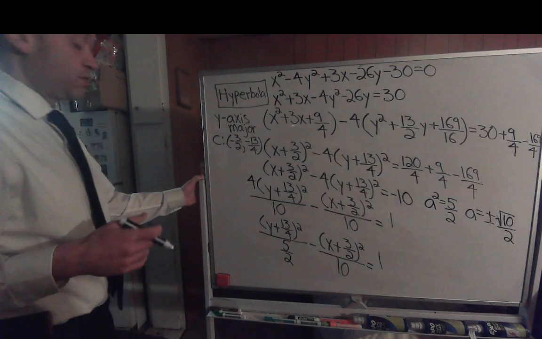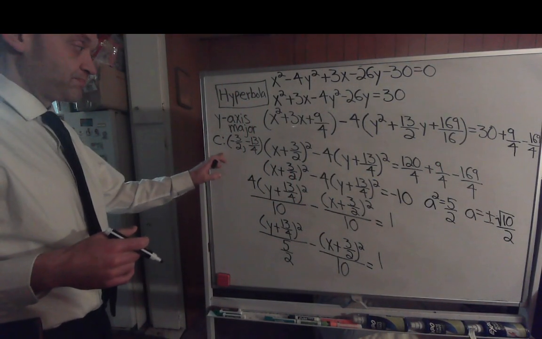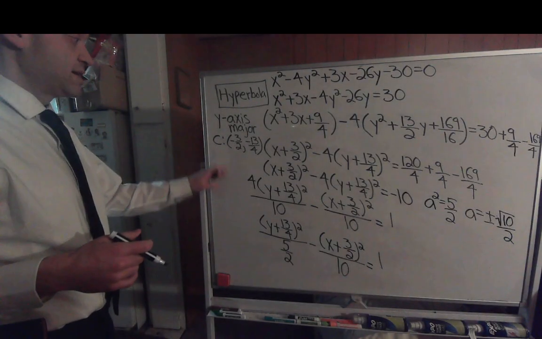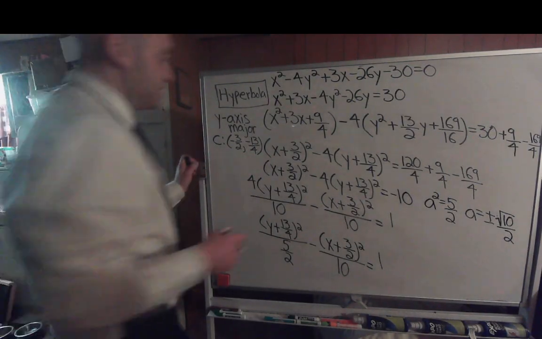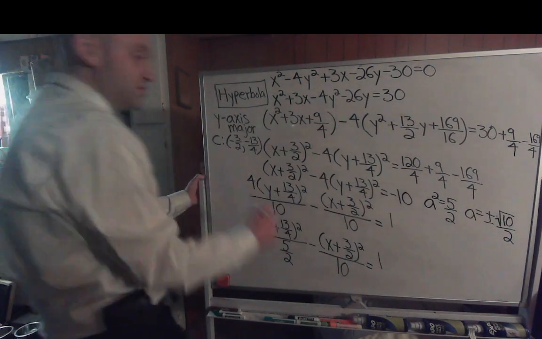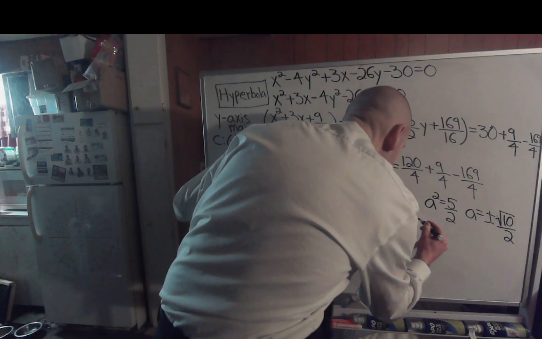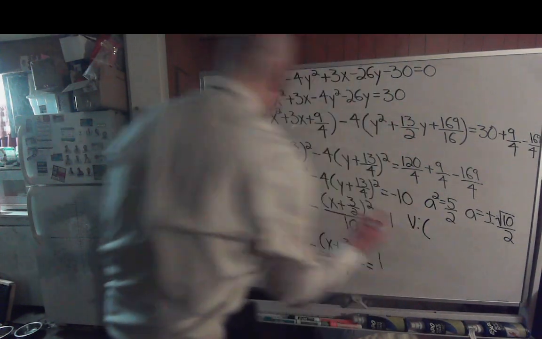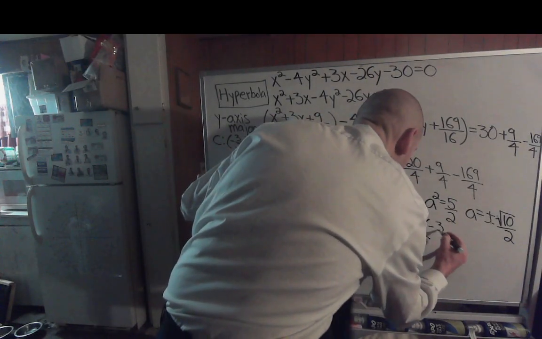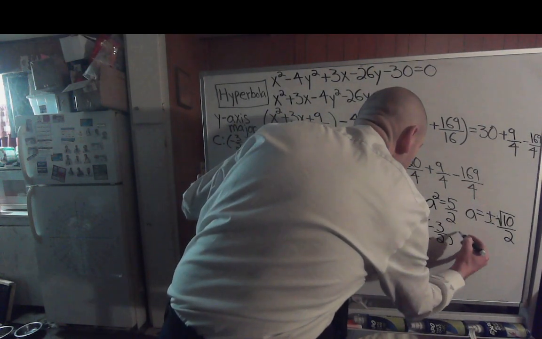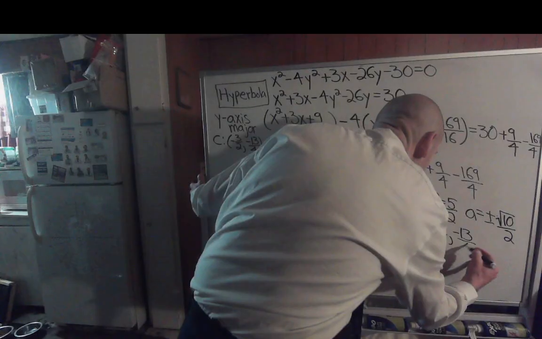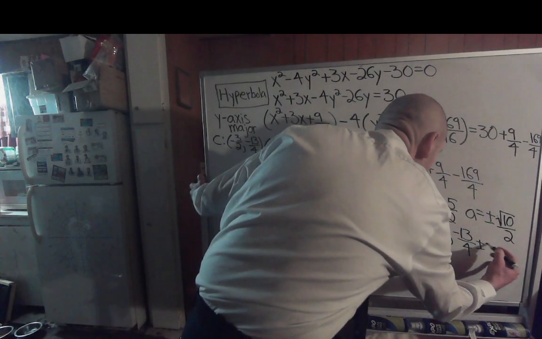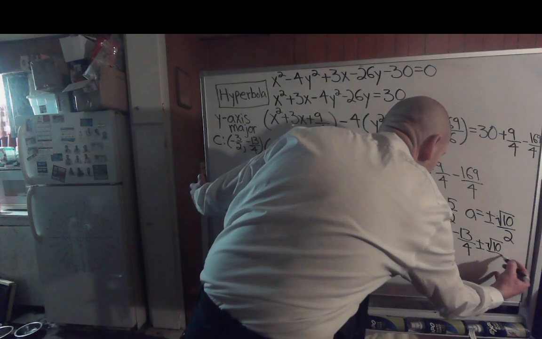So now for your vertices, you're going to take the y-coordinate, since the y is the major axis, and add both plus and minus the square root of 10 over 2 to that negative 13/4. So the vertices can be found at negative 3/2, and then negative 13/4 plus and minus the square root of 10 over 2.